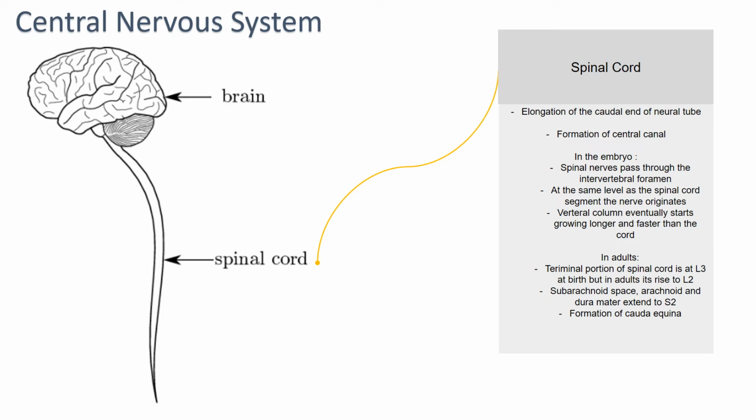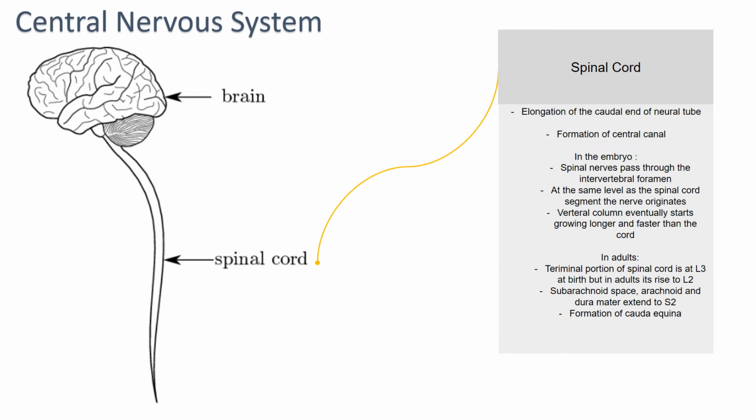On the caudal end of the neural tube, it's going to continue to elongate enough to form the spinal cord, right? So, let's just briefly discuss the fact that the spinal cord differs a little bit in a developing embryo versus how it presents in adults.